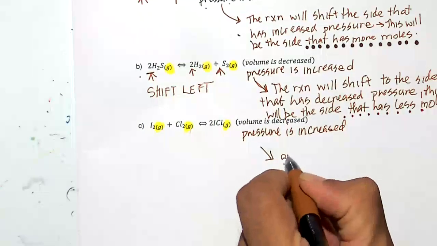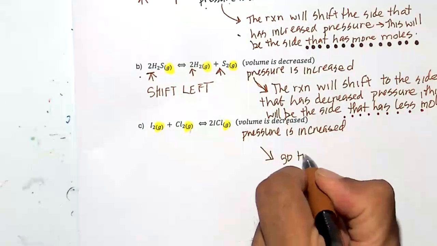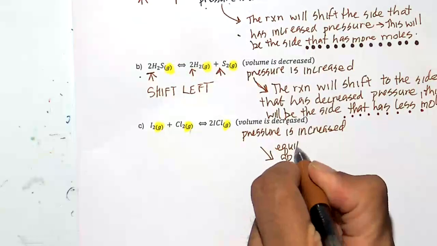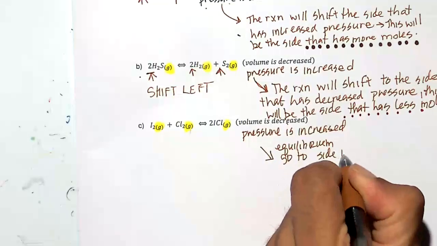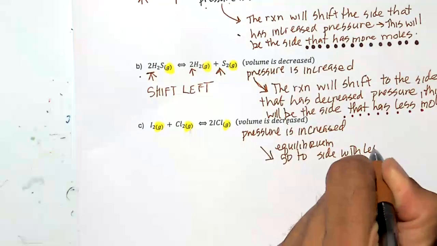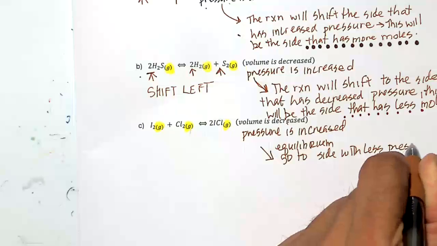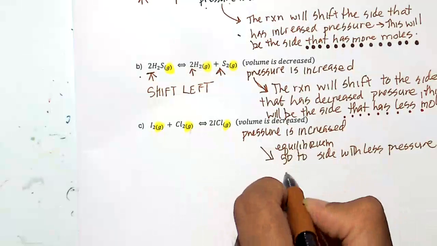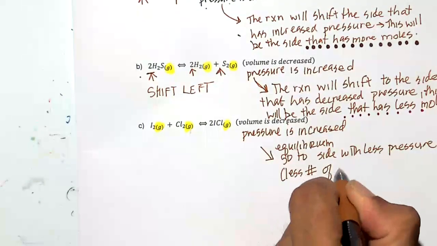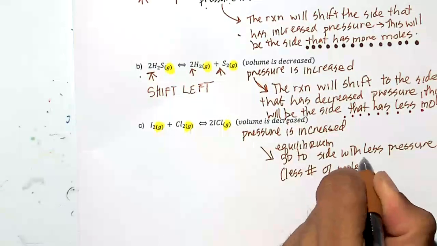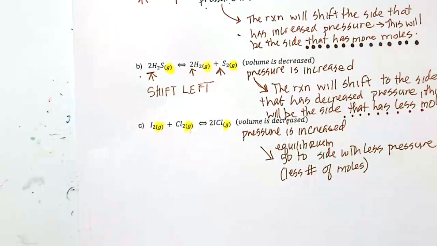It will go to the side with less pressure. Less pressure means less number of moles.